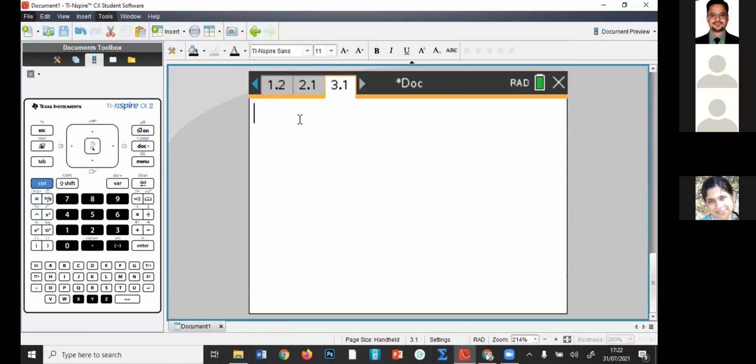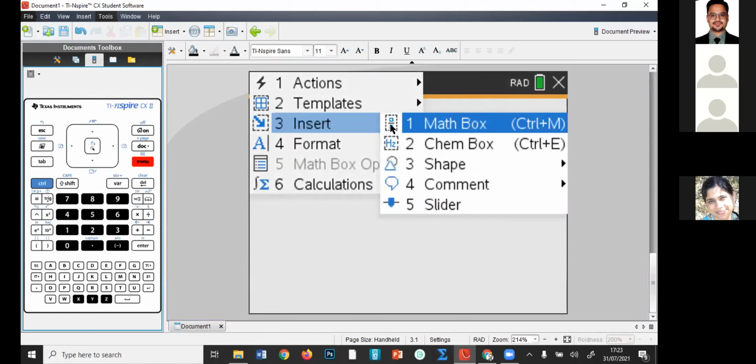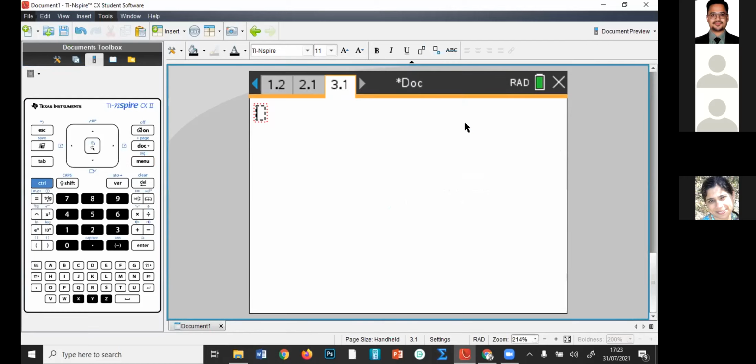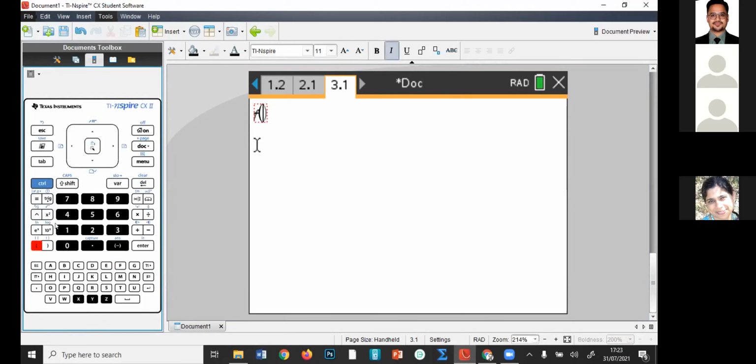So here in this question, the function f(x) is defined as 2 ln(x) plus 1 over x minus 3, where x is between 0 and 3. I'll go to menu and insert a maths box. Then I'll define f(x) as 2 ln(x) plus 1, and this is a fraction, so I'll put this as a fraction.